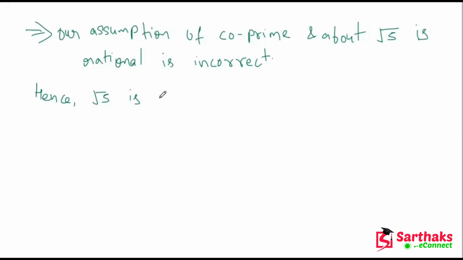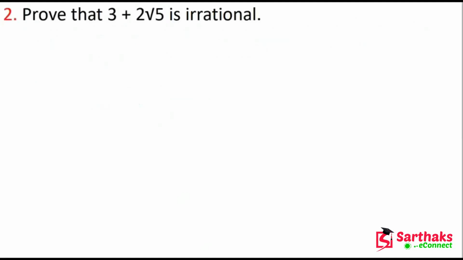Hence under root 5 is irrational. So friends, you got this point. Hence proved. So now let's move on.